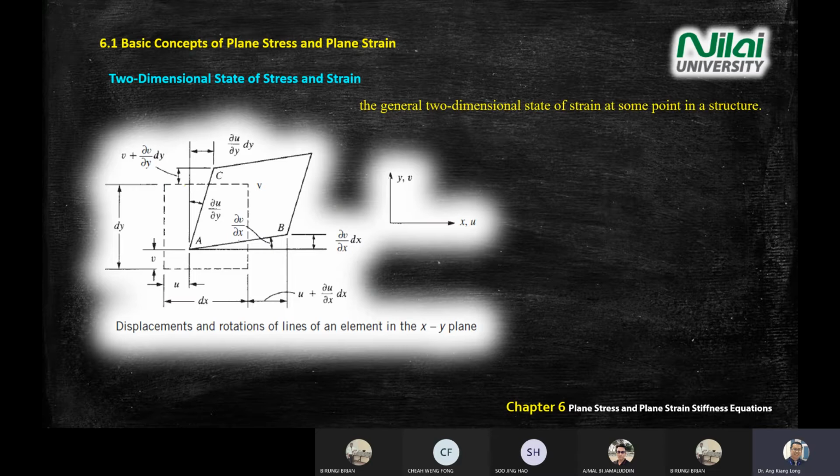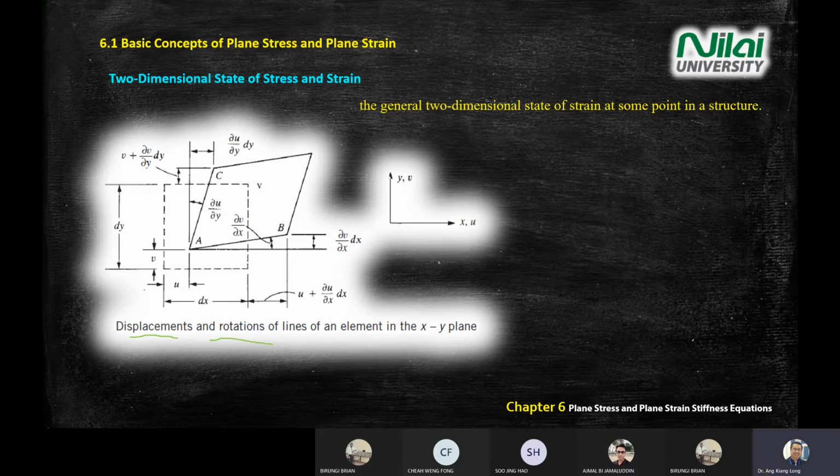The dashed line here is the original element, and after a displacement and rotation happen, you can draw the final deformation as what you see on the screen here. And then there is a calculation for all these parameters that you see on the screen.